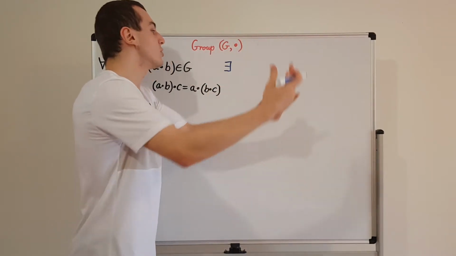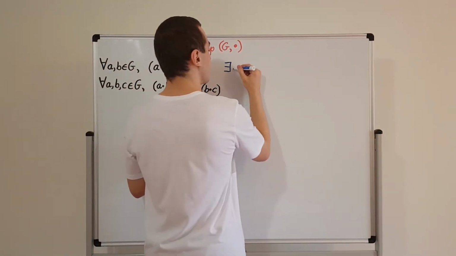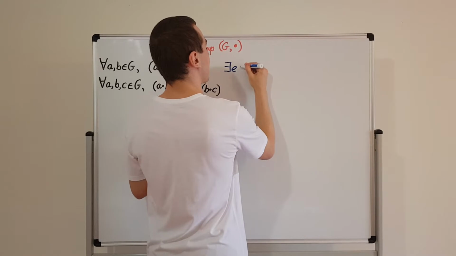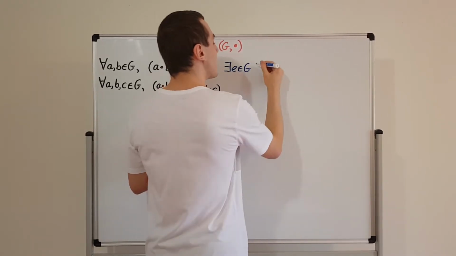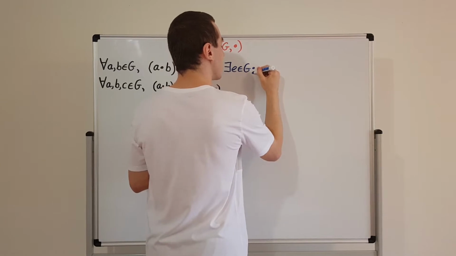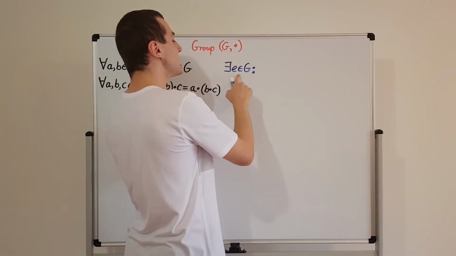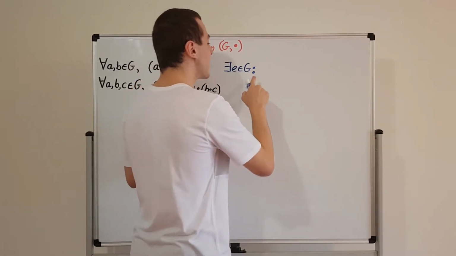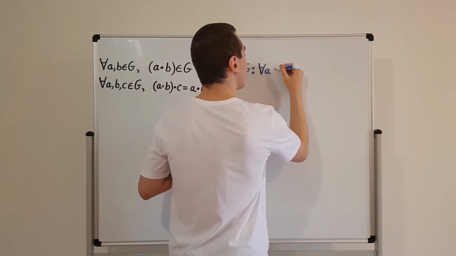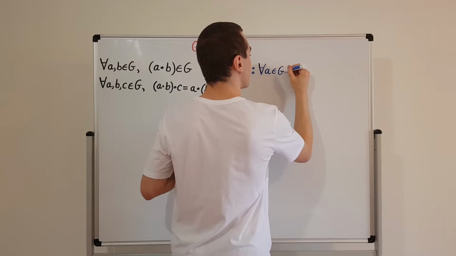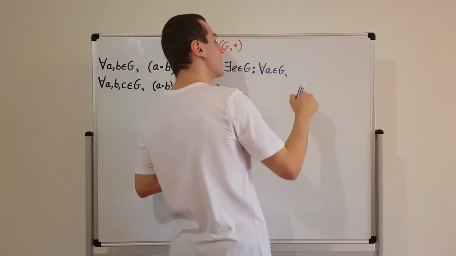There exists at least one element in the group, and we're going to call that element E. And it belongs to capital G, it belongs to that set, such that, I'm going to use this colon, that means such that. There exists an element in G such that for any element A in the group G, we want the following condition to hold.